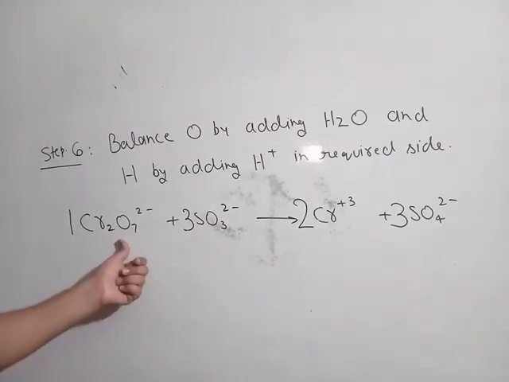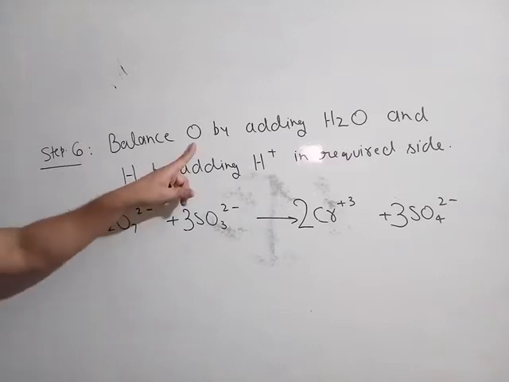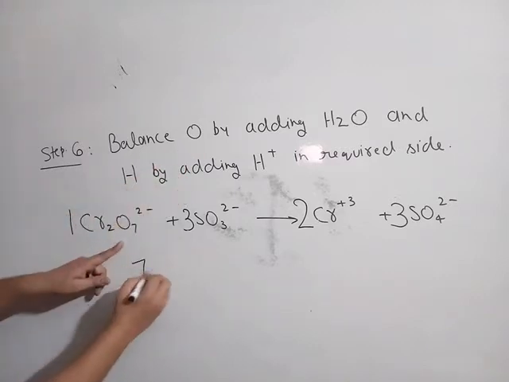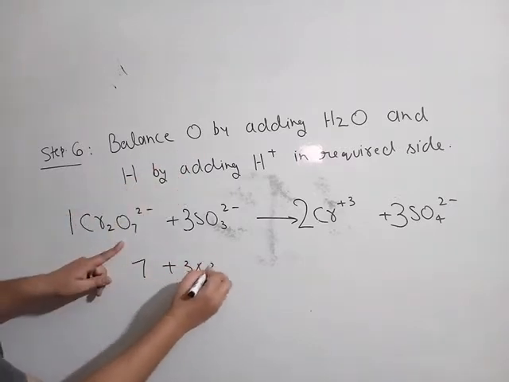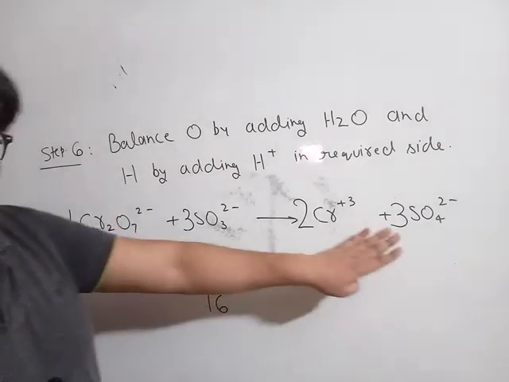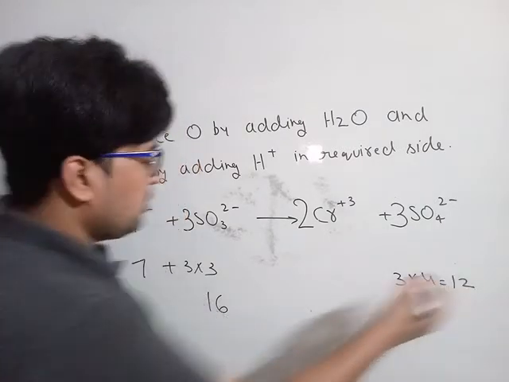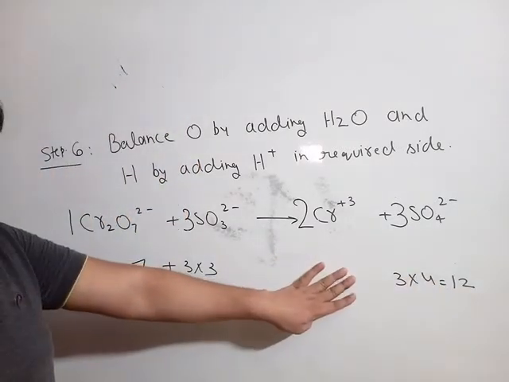Apart from chromium, now we'll talk about the oxygen. We have 7 oxygen over here and 9 over here. In total, on the left hand side we have 16 oxygen, and on the RHS we have 12. So the RHS has a deficiency of oxygen.